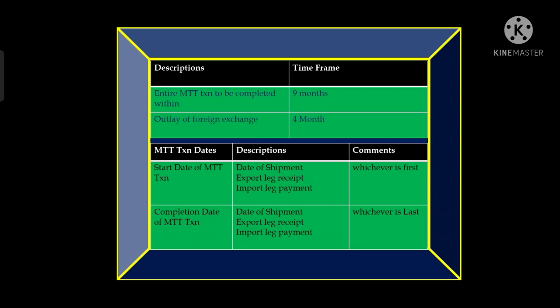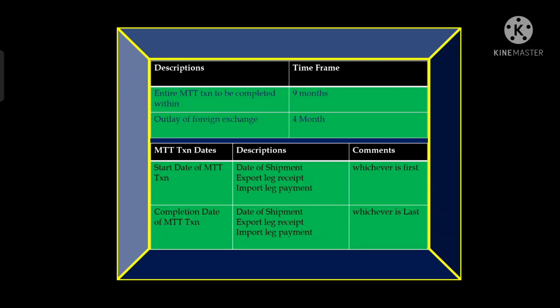That is called outlay of foreign exchange within 4 months. Means if one leg of the merchanting trade transaction is completed, then the other leg should be completed within 4 months from the completion date of that first leg. That is called outlay of foreign exchange, right?